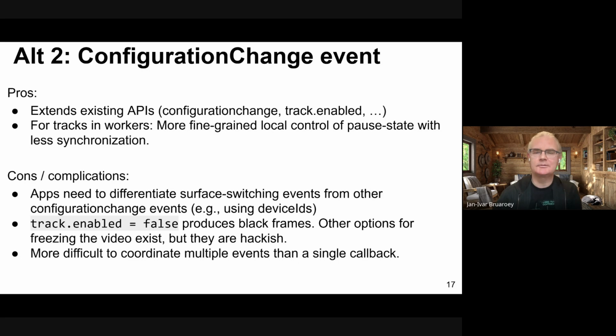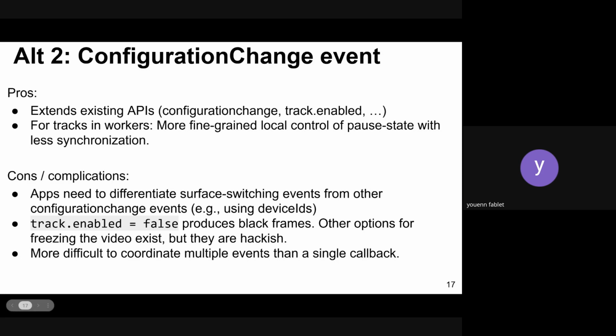I think there's an algorithm there that says the track's capabilities and settings, which I think refers to media track capabilities and media track settings. Yeah, it's in the capture extensions spec, I think. Okay.